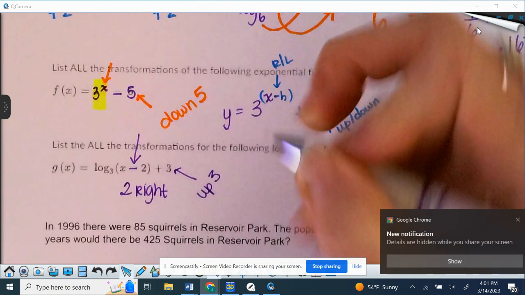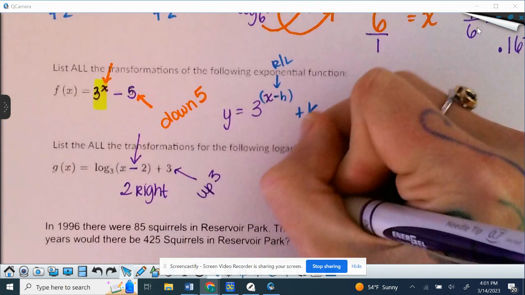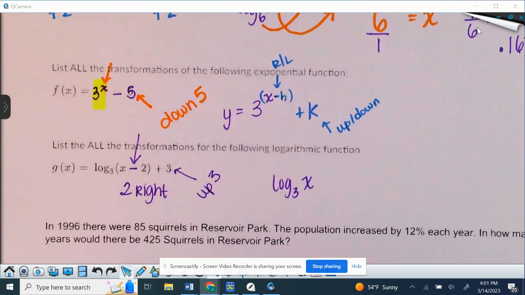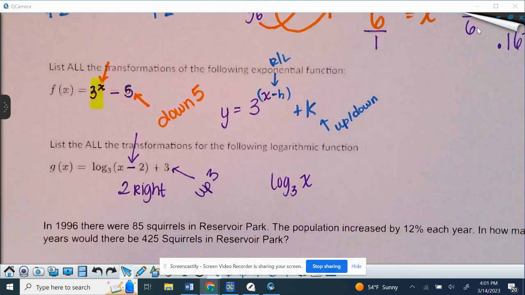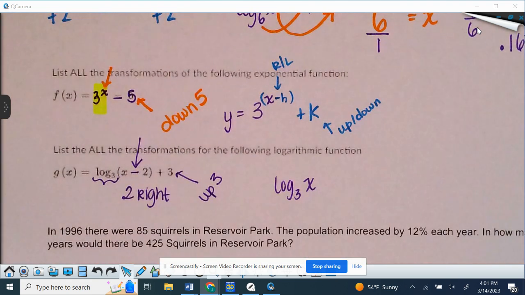The parent function for this guy, like if you wanted to put it in Desmos and then put in the new one, is log base 3 of x. That is a parent function. Log base 3 of x, log base 10 of x. Whatever this is stays the same, and then it's just x, and then we move it right, left, up, down, depending on the h and the k value.